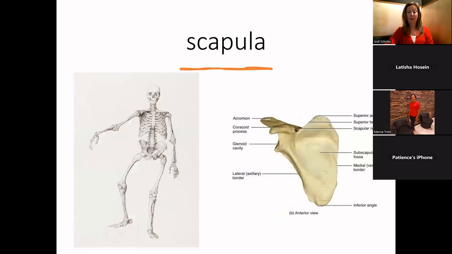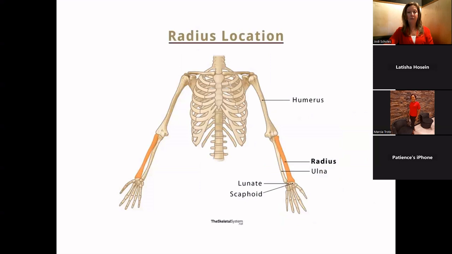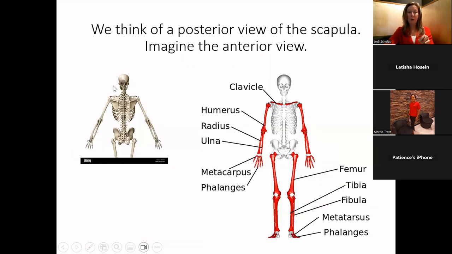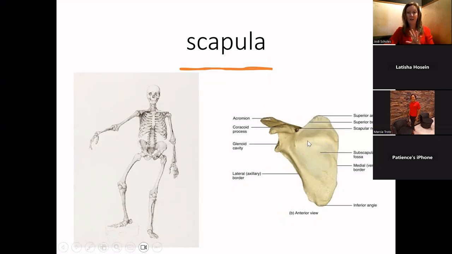This is that scapula. We've looked at this a number of times, but this is the anterior view. This is the posterior view of the scapula, the one we think of when we think of scaps. But this is the anterior view.